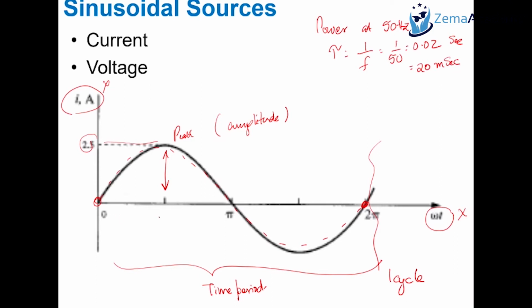So this whole duration from there to there is 20 milliseconds. And you can see that half of it will be 10 milliseconds, where the sinusoidal waveform goes through positive values in the first half, which is basically the first 10 milliseconds, and then through the negative values in the next 10 milliseconds.